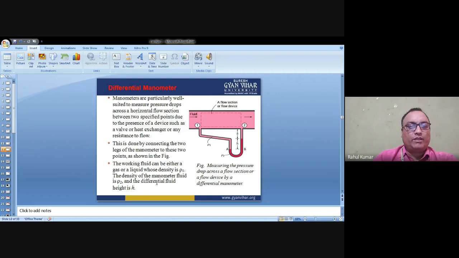The density of the manometer fluid is rho 2, and the differential fluid height is h. This is the figure description, right?